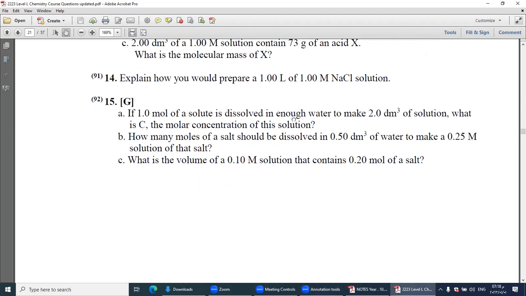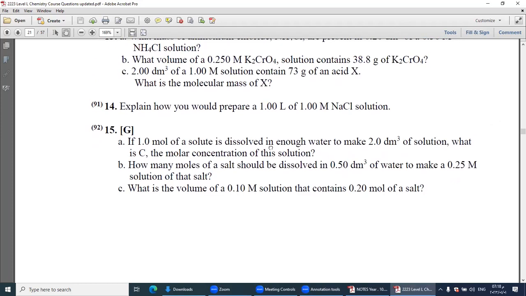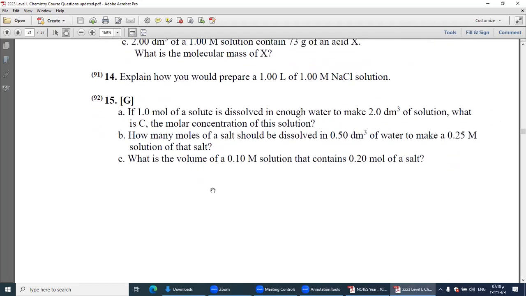Number 14 first. Okay. Zain, you can read. Explain how you would prepare 1.0 liter of 1.00 M NaCl solution.